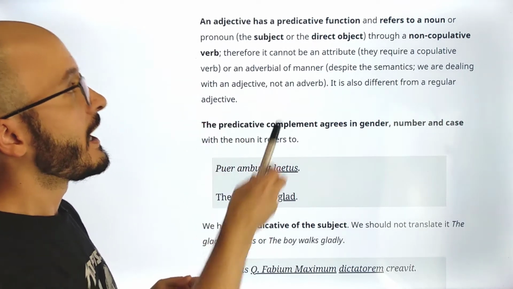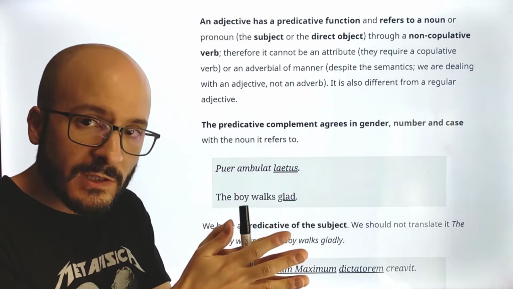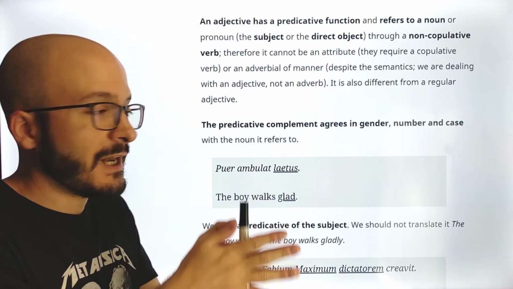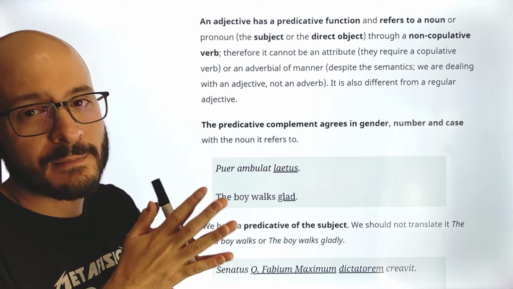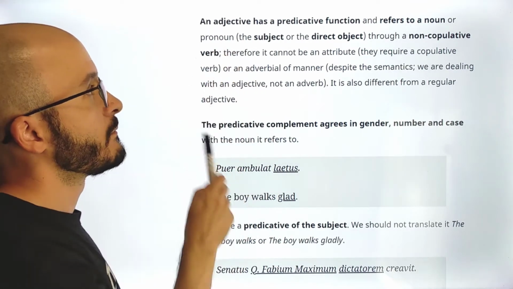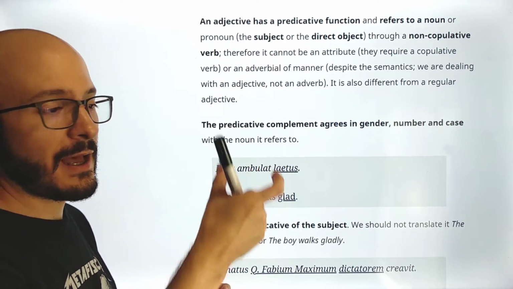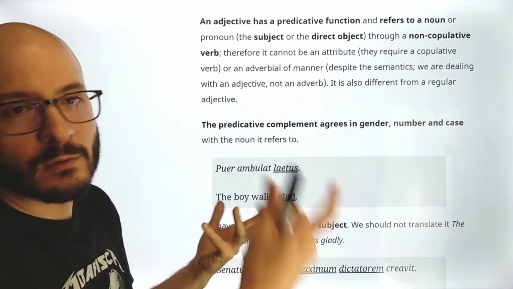An adjective, and notice that here I say adjective because most of the times a predicative complement is an adjective. Later we will see that it can also be a noun, but most of the times it is going to be an adjective. It has a predicative function and refers to a noun or pronoun.